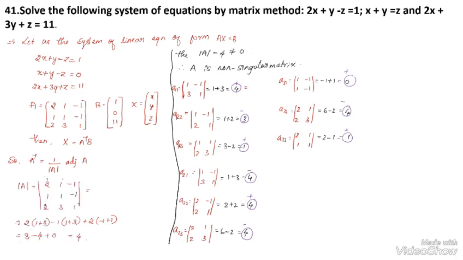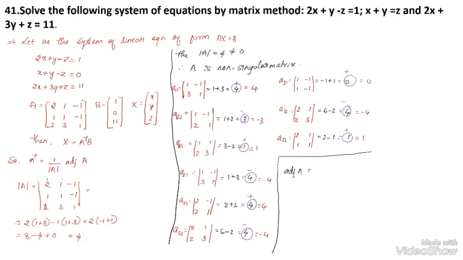For this one, we get the cofactor by simply changing the sign value. That is 4, minus 3, and 1, minus 4, 4, here minus 4, and 0, minus 4, 1. Now, directly I am writing the adjoint.